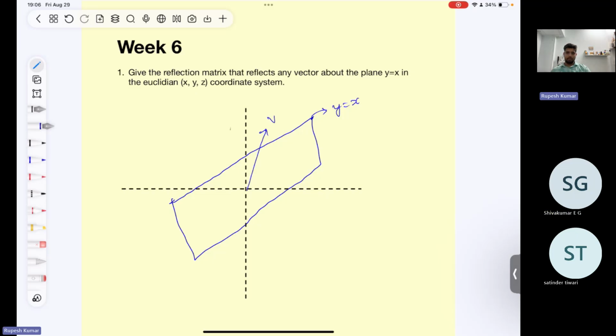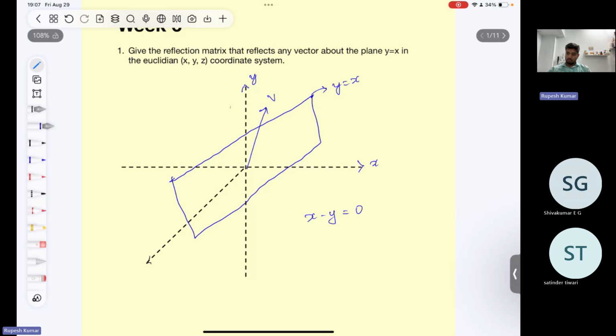So how can we do this? How can we solve this problem? Let's try to solve this. Now let's say we have a vector v and we have a plane x minus y equals 0.